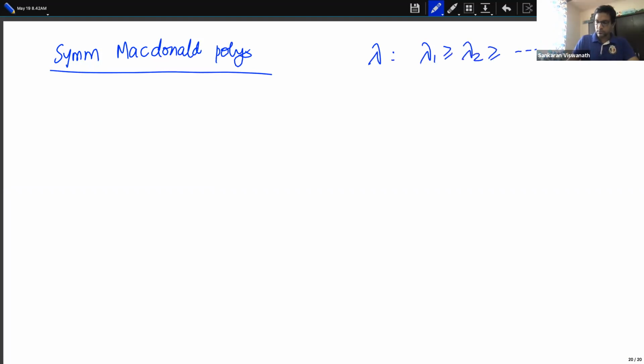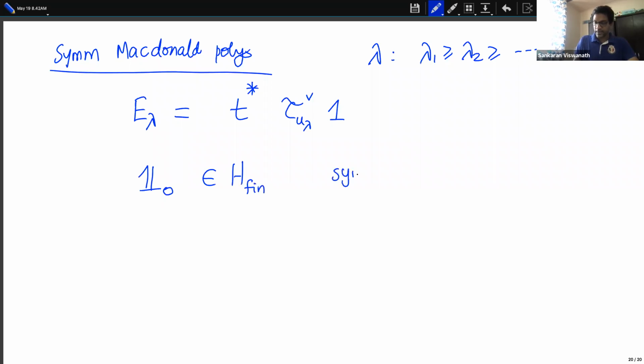You first look at E lambda, the non-symmetric Macdonald polynomial, which is this appropriate power of t, tau u lambda check 1. And to this we apply the symmetrizer. There's this element in the finite Hecke algebra. We call this H finite.